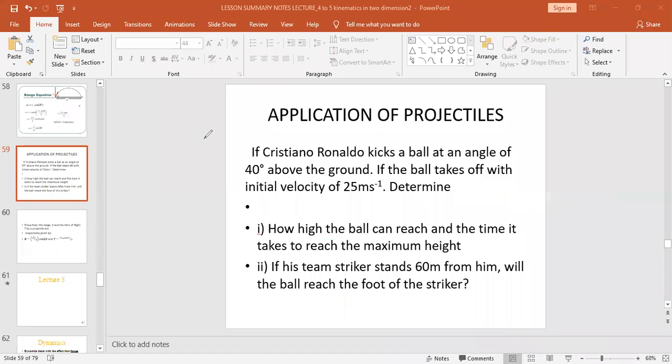So the initial velocity V naught is 25 meters per second, and theta is 40. Let's go back and apply our formulas.